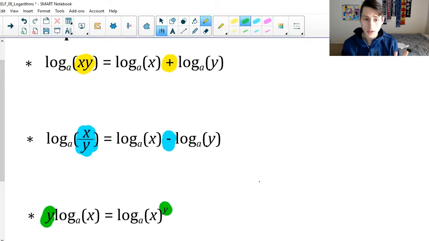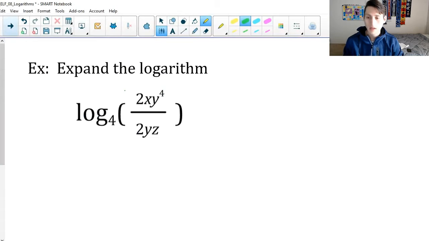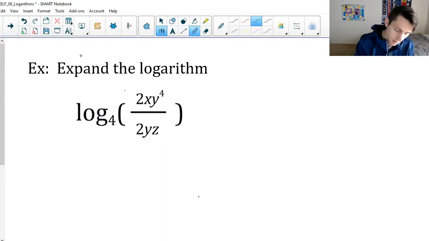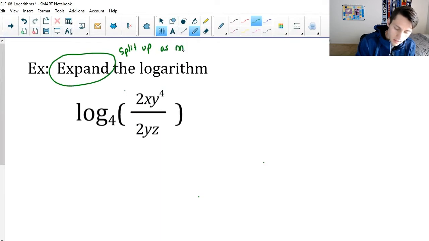So we have two specific things that we can do. All right, one, we can expand the logarithm. Right? If I want to expand it, I want to split it up as much as possible.